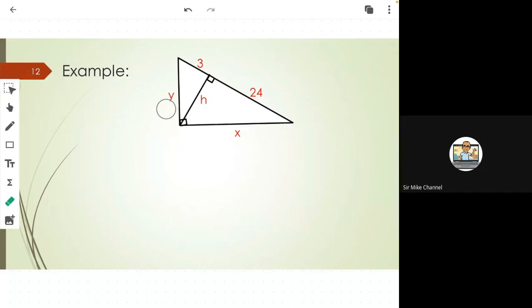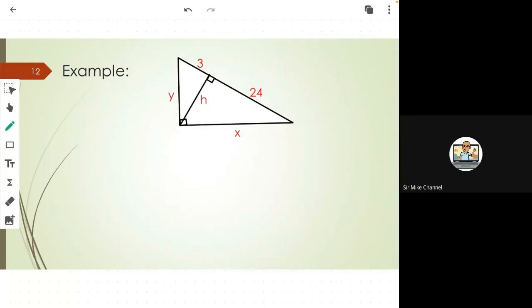Okay, Norcia. What will you answer? Which letter? The altitude or the leg? The altitude po. Okay, so altitude.